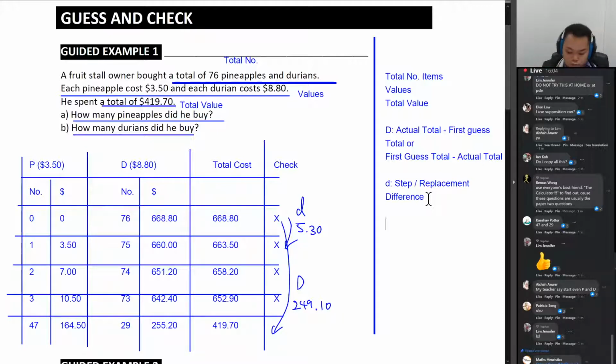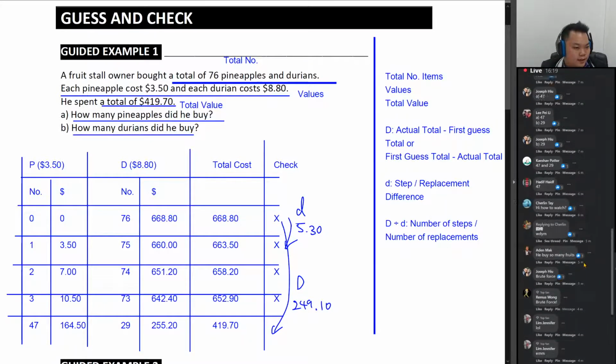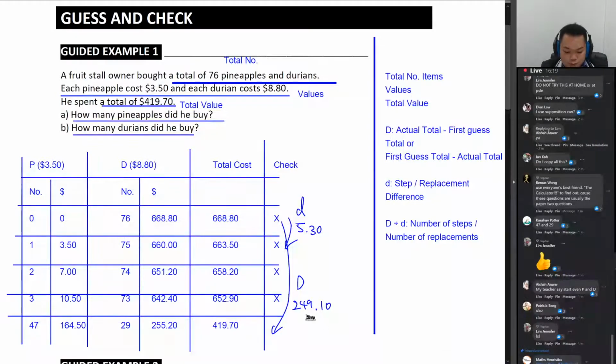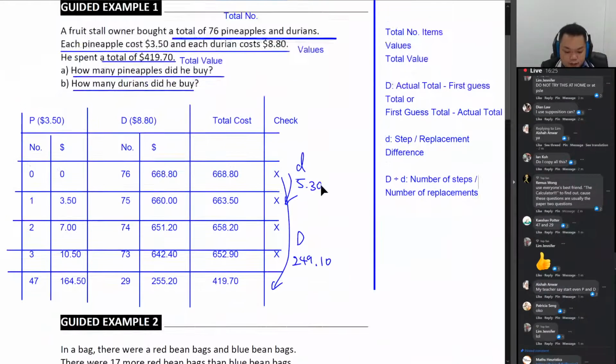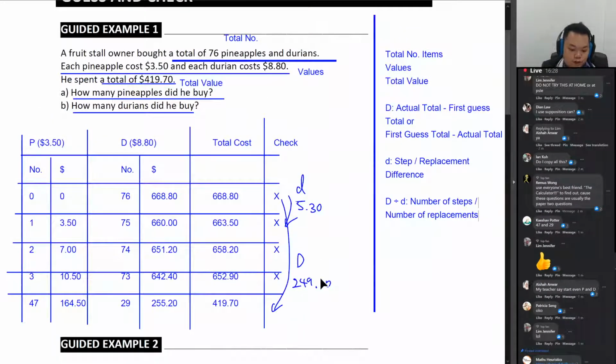The next thing you need is the big D divided by small d. This is going to be the number of steps or the number of replacements. Once you've obtained this already, I mentioned that I will solve this in 3 steps.